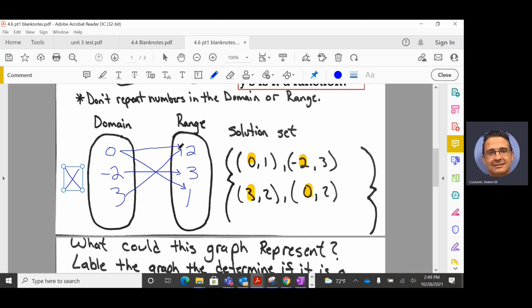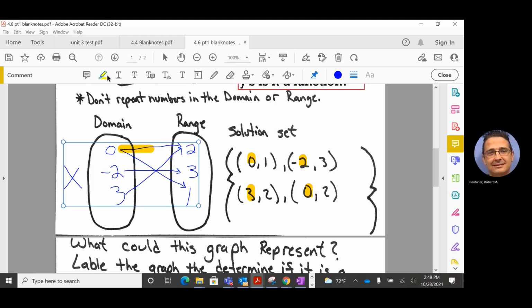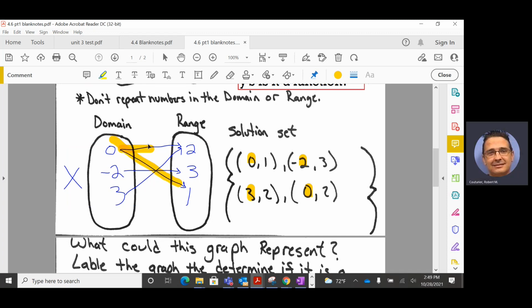So notice this mapping diagram. This is what it looks like when a mapping diagram is not a function. You end up having this V that leaves this left-hand side, the domain bubble.